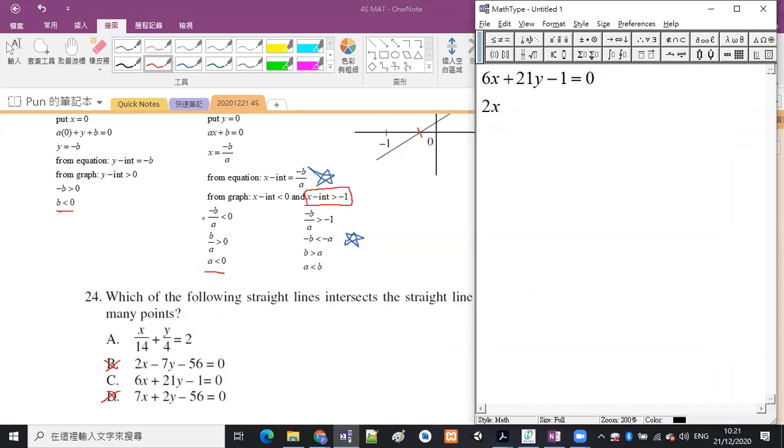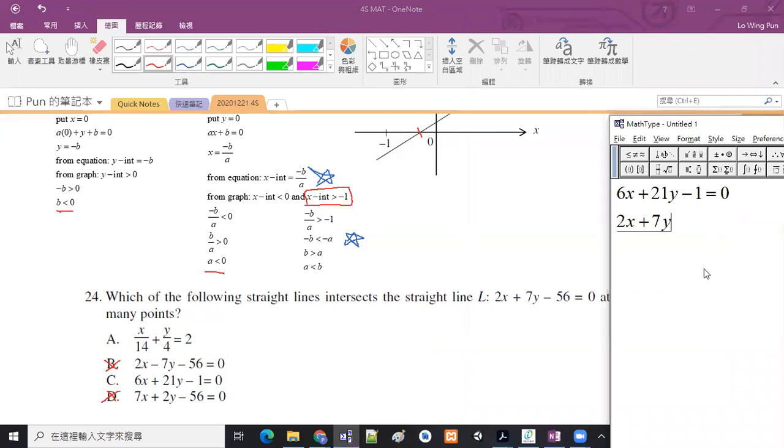by 3, so we have 2x plus 7y. Okay, seems good, but when I divide by 3 for the constant term, it is -1/3 is equal to 0.